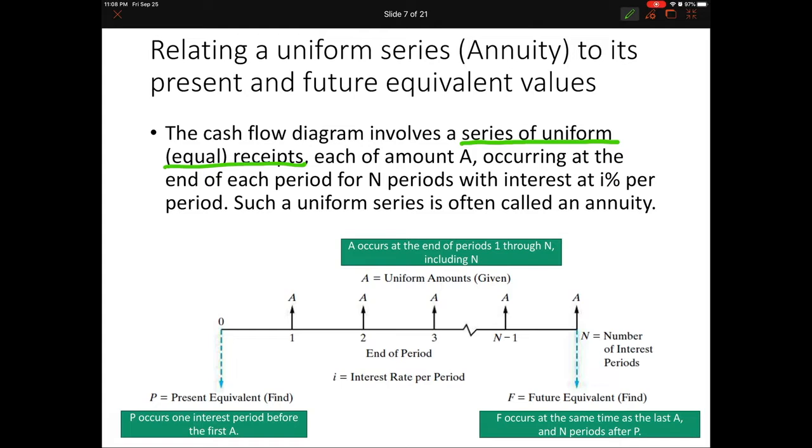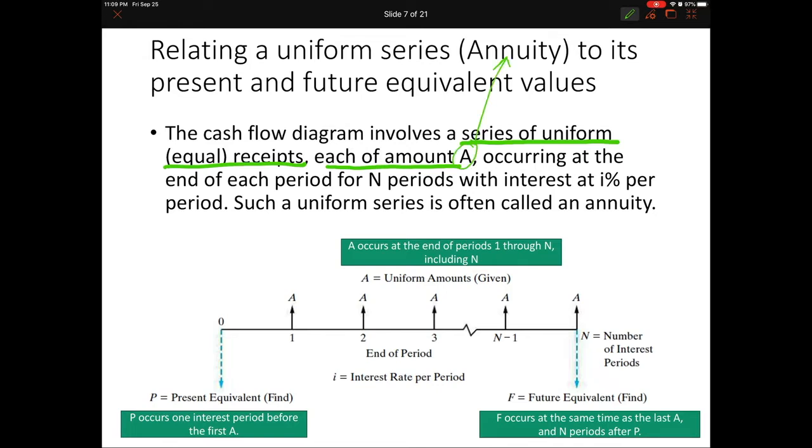It could be receipts, it could be expenses. It's just the same amount of cash flow occurring at the end of every compounding period, and we call each amount an annuity.